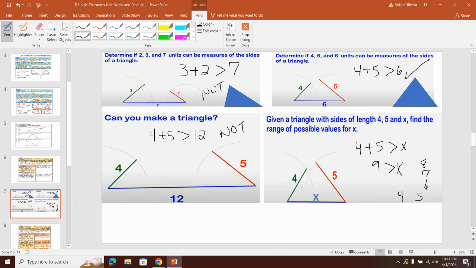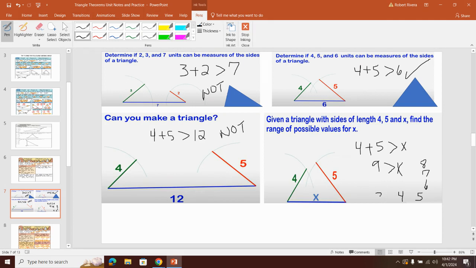Now once you get below these two sides, be careful, because now the smallest becomes somebody else. Okay? So for example, 4 plus 4, if this is 4, that's 4 plus 4 is 8, that's greater than 5, so that's why it works. If this is 5, 5 plus 5 is 10, that's greater than 4.